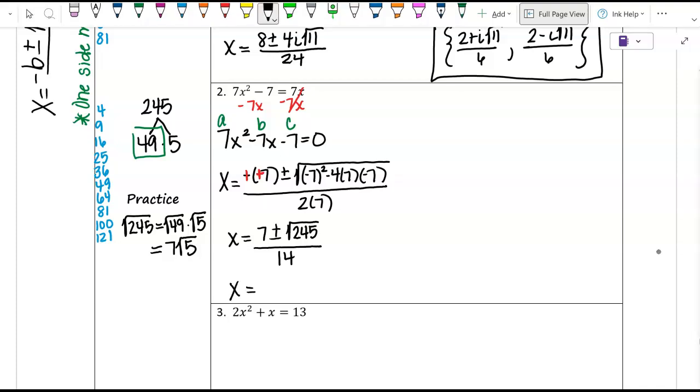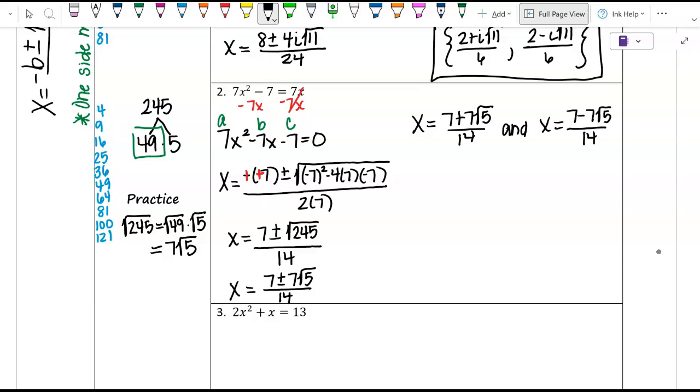Which means that x equals 7 plus or minus 7 radical 5 over 14. So that gives me x equals 7 plus 7 radical 5 over 14, and x equals 7 minus 7 radical 5 over 14.